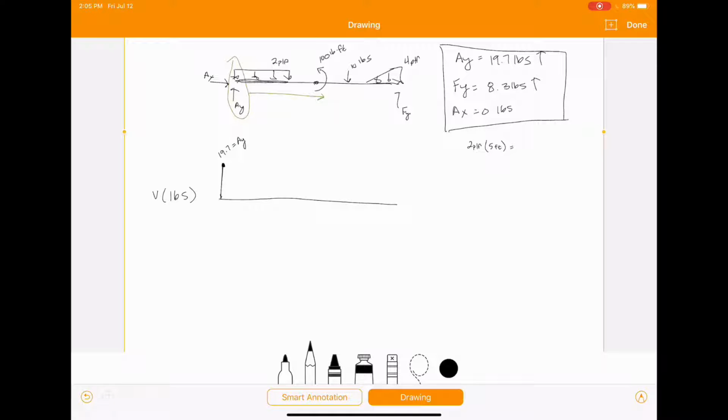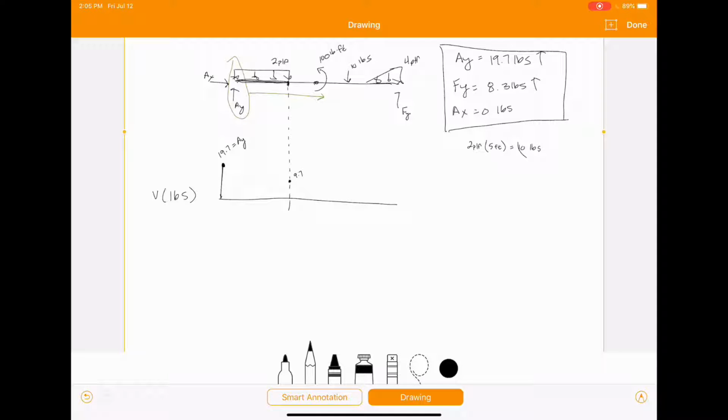So that's going to equal 10 pounds. So our shear has to move down 10 pounds by the time it gets over to this 5 feet right here. So I'll just carry that down. And when I subtract 10 pounds from where we're at, we get 9.7. So we know that that point there is going to be 9.7.